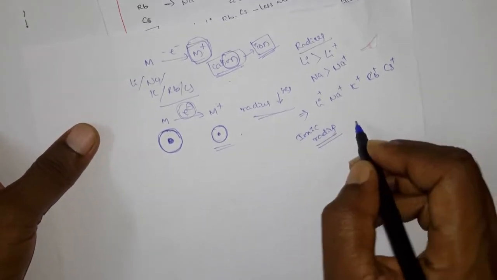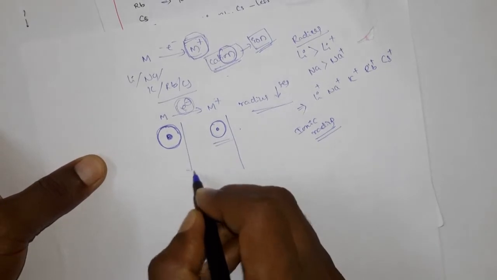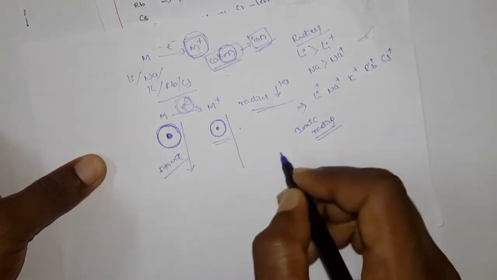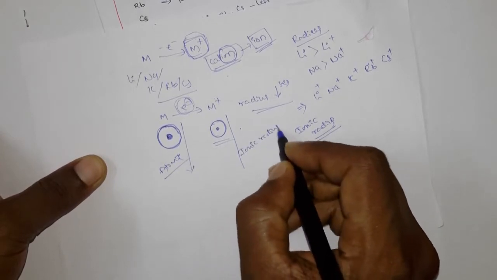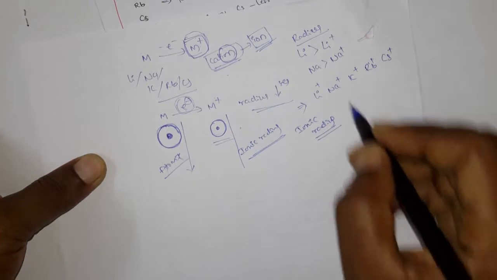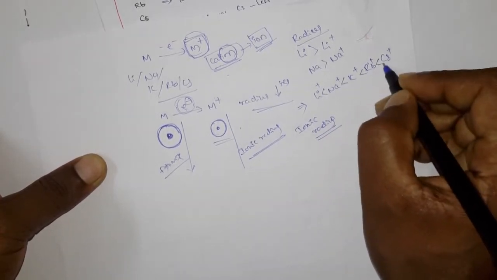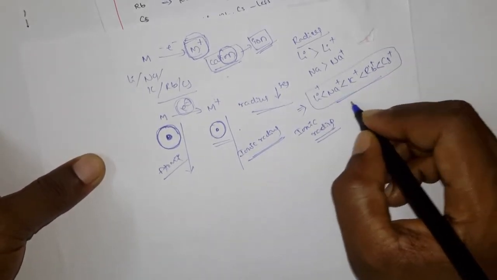Generally, you know that from top to bottom the atomic radius increases, similarly the ionic radius also increases, so lithium plus is the smallest one and cesium plus is the biggest in ionic radius.